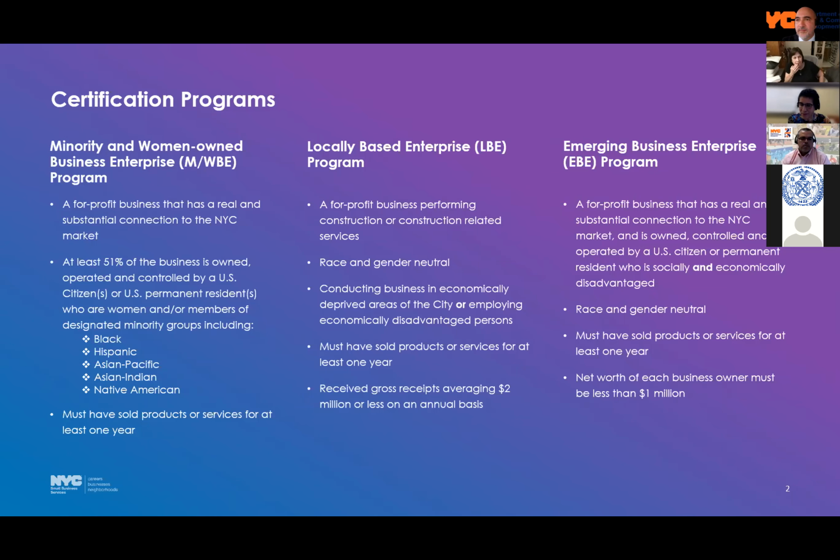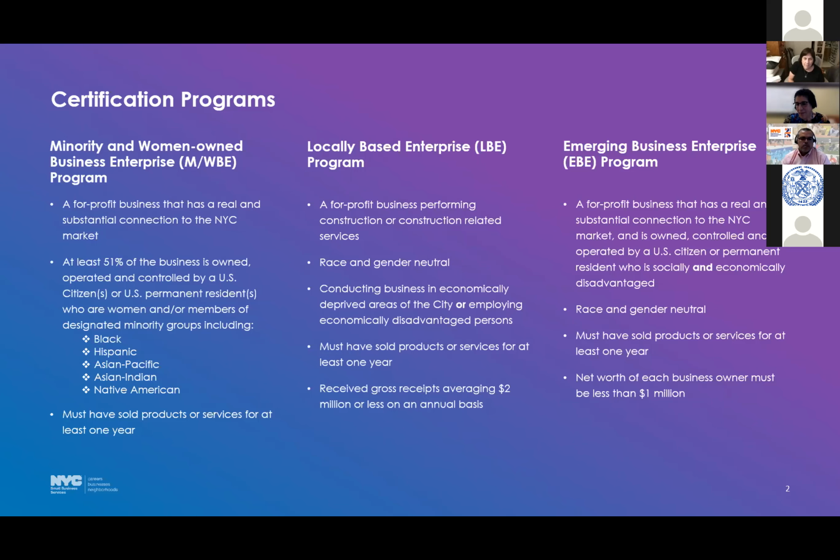The designated minority groups include Black, Hispanic, Asian Pacific, Asian Indian, and Native American. And the last requirement for the MWBE program is that you need to have sold products or services for at least 1 year.